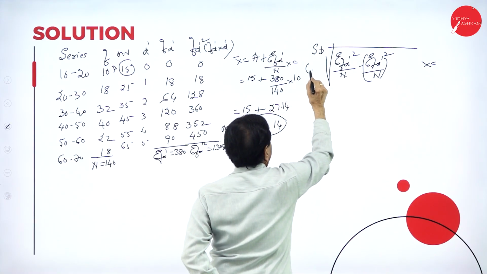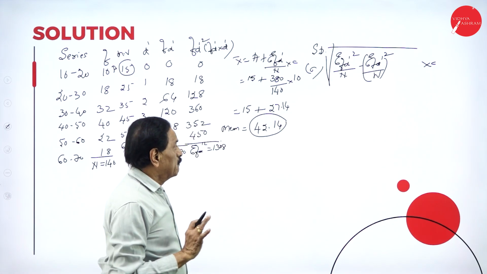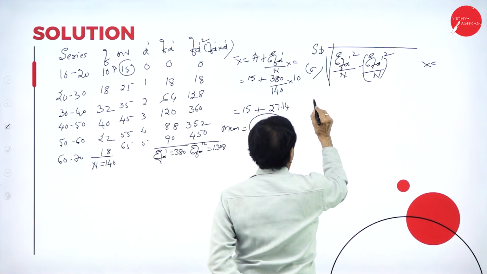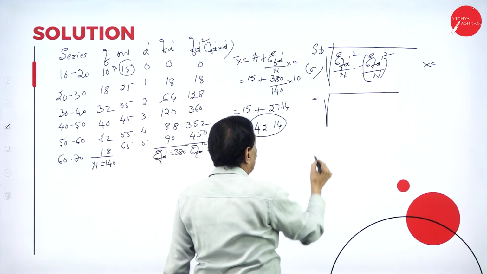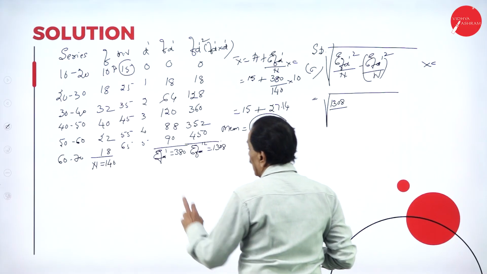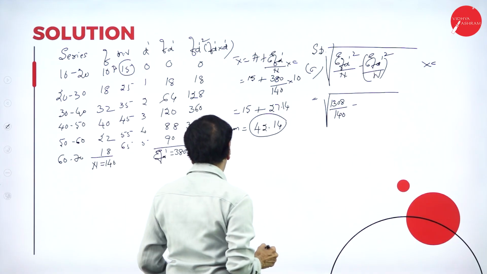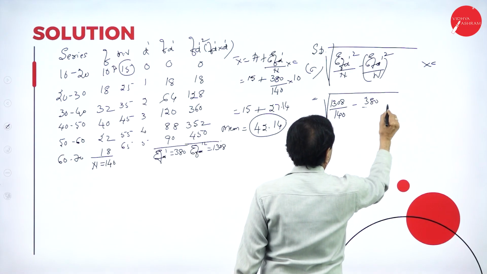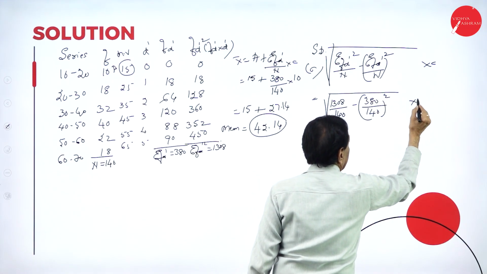Slowly we can proceed. Sigma f d dash square is 1308 divided by n, which is 140, minus 380 divided by 140 whole square. Class interval is 10.